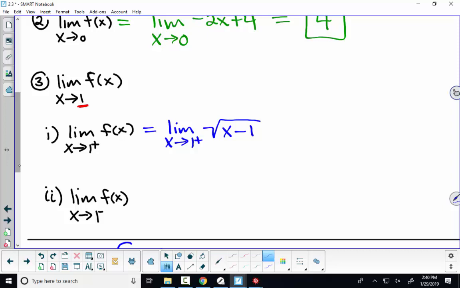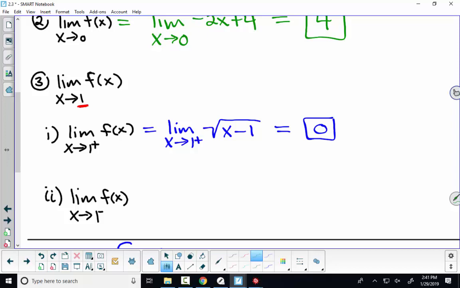Are we all clear on that? And that limit would be what? 0. Square root of 0 is 0. Again, just like the other ones, once we know what piece we're using, just gonna plug 1 into that function. Same thing as we approach 1 from the left, we have to look at which piece I can do that on.